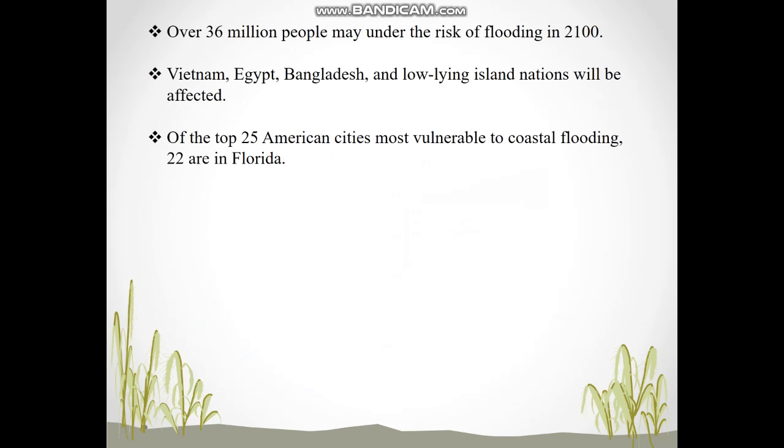It is also projected that the life of 36 million people will be under the risk of flooding by the end of this century. Some lowland countries like Vietnam, Egypt, Bangladesh will be highly affected by flooding. And in the United States, lowland areas such as Florida and in particular Key West will be highly affected.